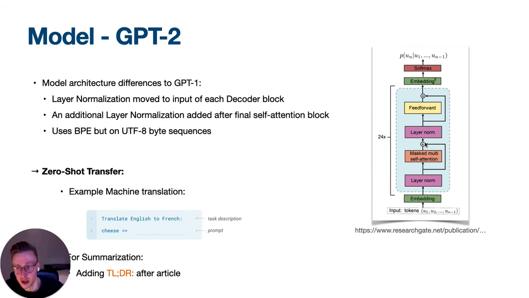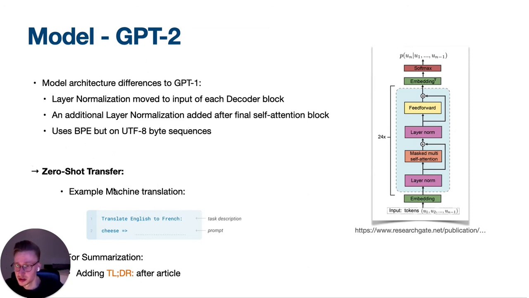And also we got an additional layer normalization after the final self-attention block. Another small difference is that it uses still byte pair encoding, but this time with UTF-8 byte sequences, which basically supports more characters and has some other nice performance features like that specific characters aren't getting merged anymore.